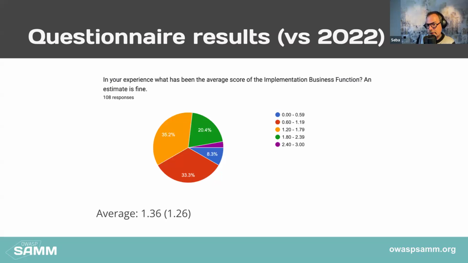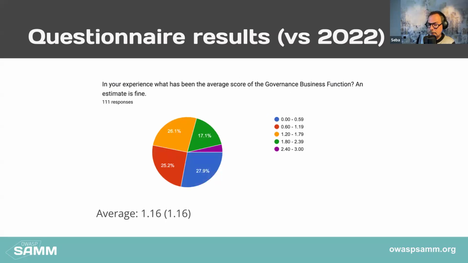And you see the same thing in the implementation business function, which was already high the previous time: 1.26, now 1.36. Verification stays about the same, and operations is by far the highest. It increased from 1.31 to 1.39, which is overall the highest of the 5 business functions, which I think is logical.